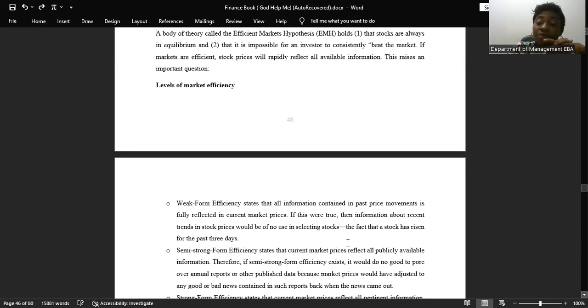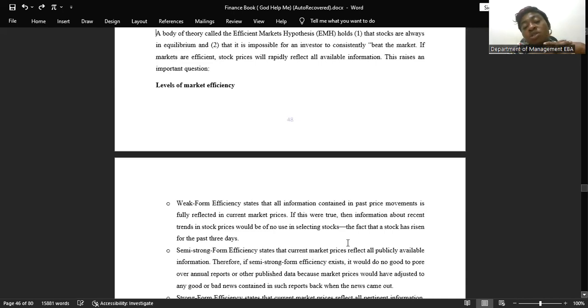And we have 3 levels or 3 forms of efficient market. We have the weak form of the efficient market hypothesis. When we talk of weak form, it means the price reflects the historical price of the shares, and therefore you cannot base on the historical price to outperform or beat the stock market.